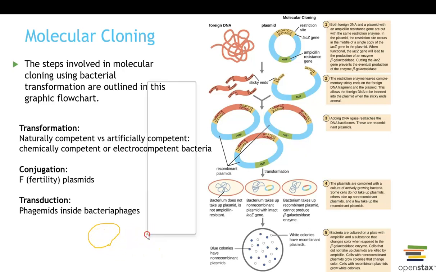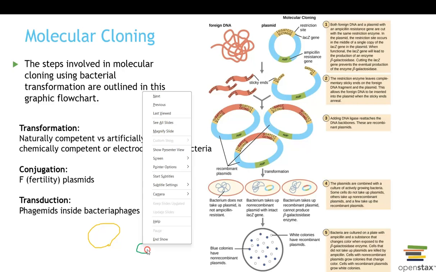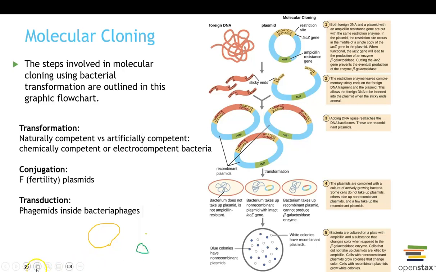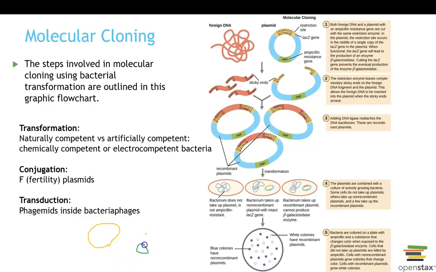Imagine this is the bacteria, and this is our plasmid in the environment. This is the recombinant plasmid that we have, and it also has the gene of our interest, so I'm showing it with a different color. Naturally, through the transformation that we talked about in the previous chapter, bacteria can engulf this plasmid, bring it inside their cells, and then amplify or replicate it.